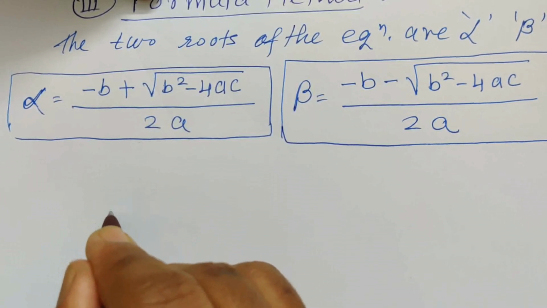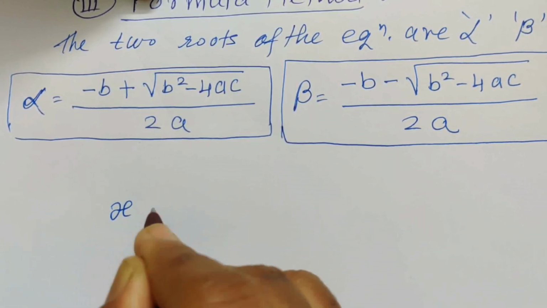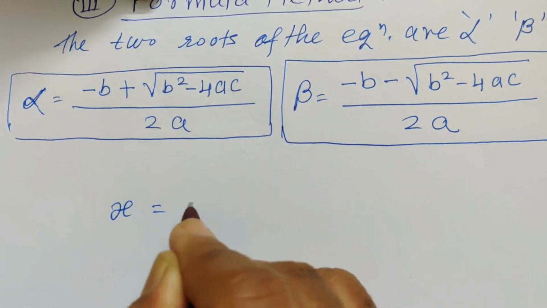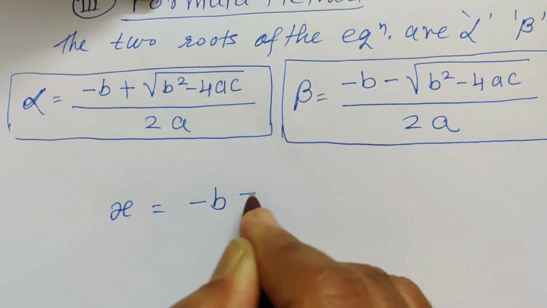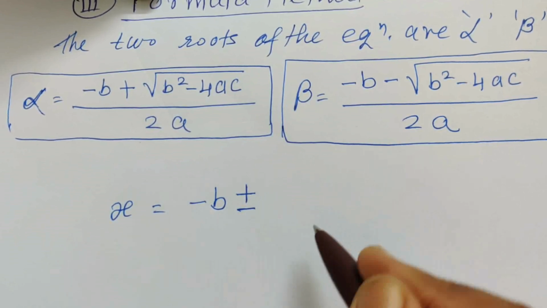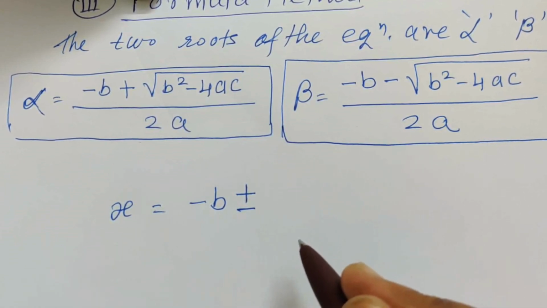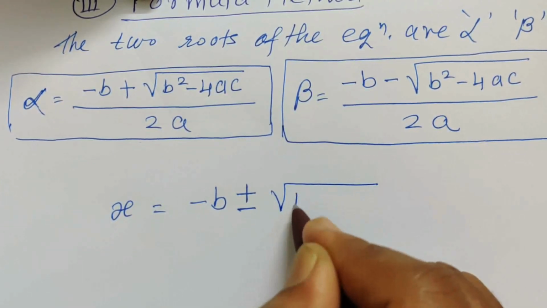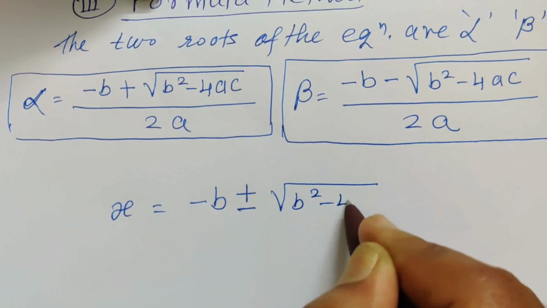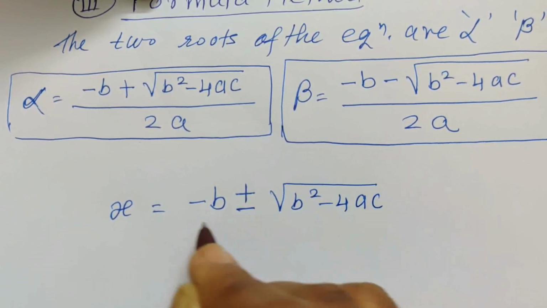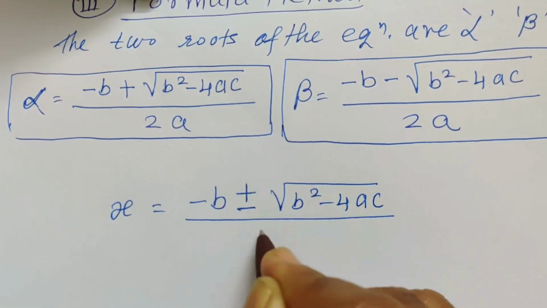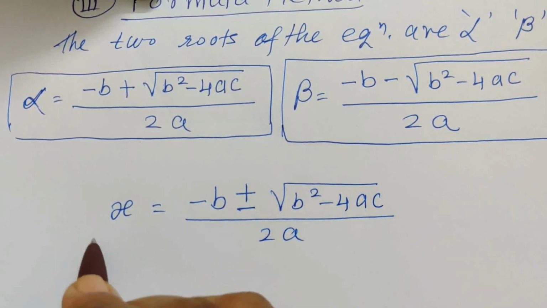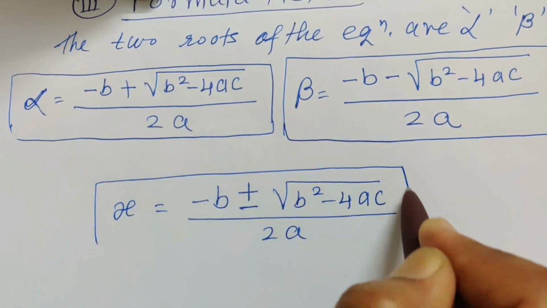So x is equal to minus b plus minus under root b square minus 4ac upon 2a. Two roots are there, one with the plus and one with the minus.